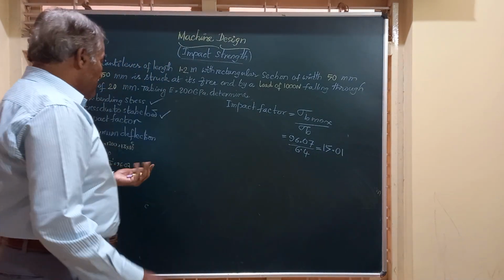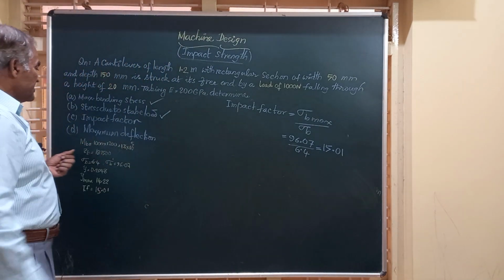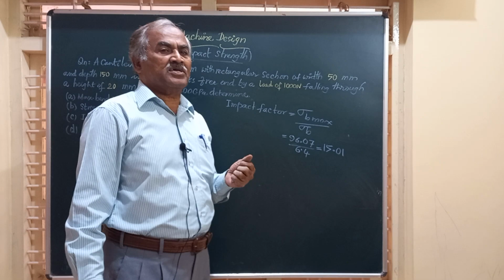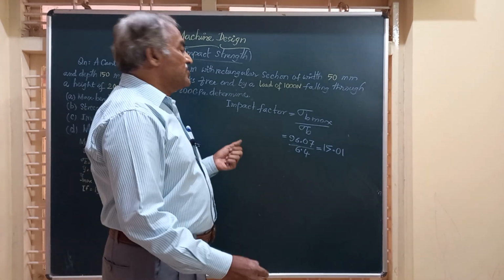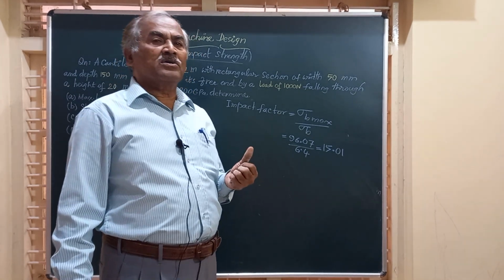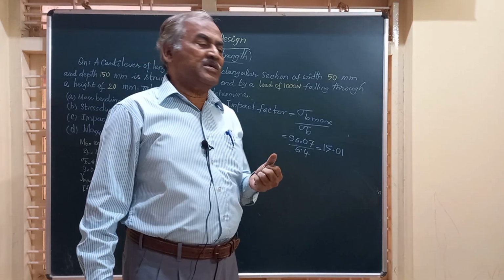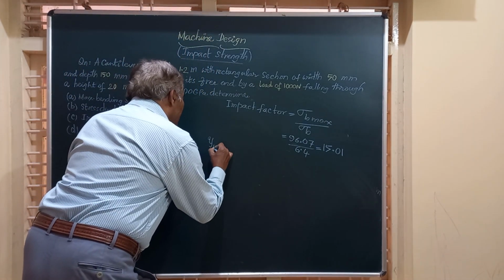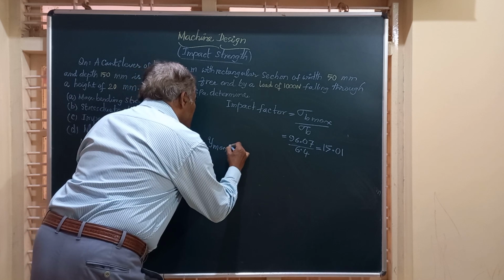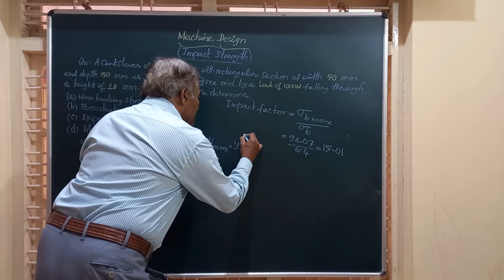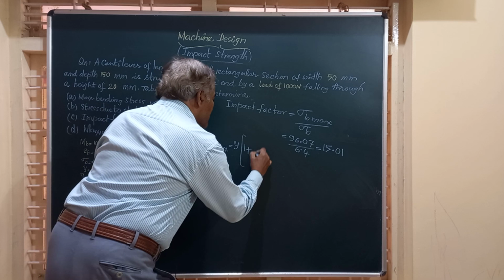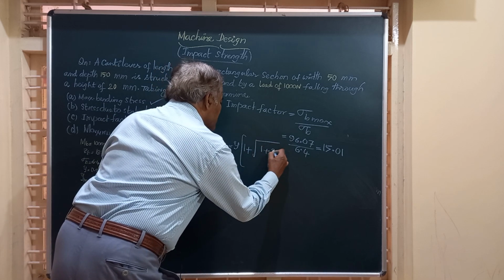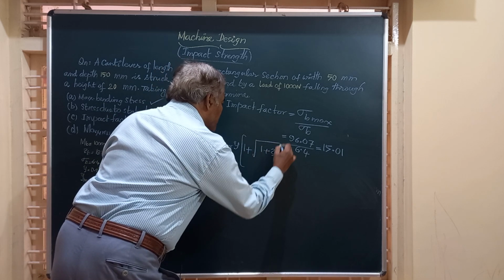Friends, we are left with the last part, that is maximum deflection. Friends, we have a similar formula to find out the maximum deflection, and that's given by y max is equal to y multiplied by 1 plus square root of 1 plus 2h by y.